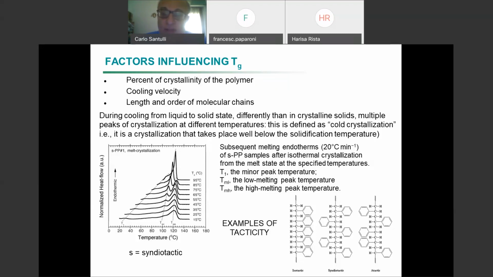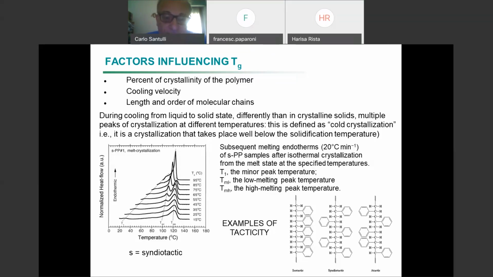So crystallization below the solidification temperature depends on how much you freeze, in a sense, you solidify the material below the solidification temperature. You have different extent of crystallization, and also you may have different extent of the melting interval, the softening interval.